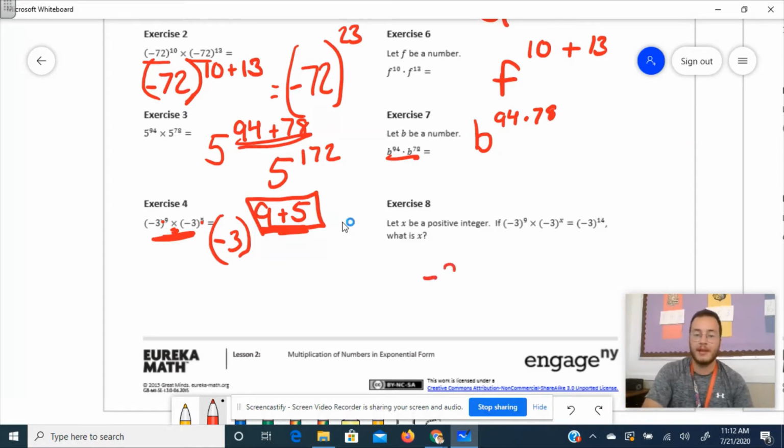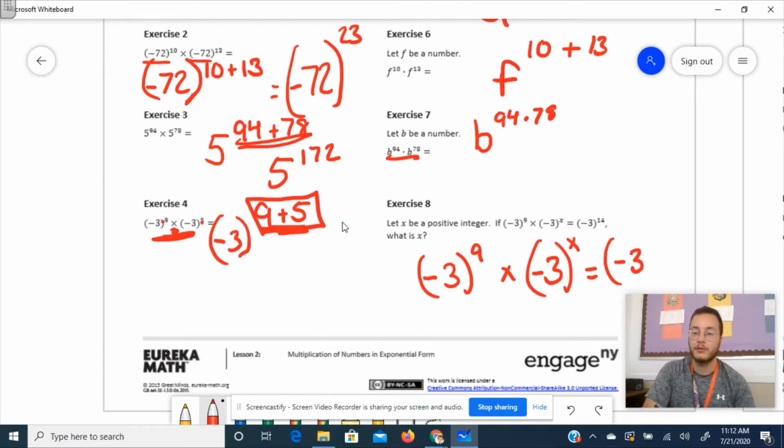We see that we have -3 to the 9th power times -3 to the X power equals -3 to the 14th power. All right, ignoring this over here. I can't cover it. I went to grab my hand and cover it. Ignoring this, what do you think we can do to prove that all of this equals 14?